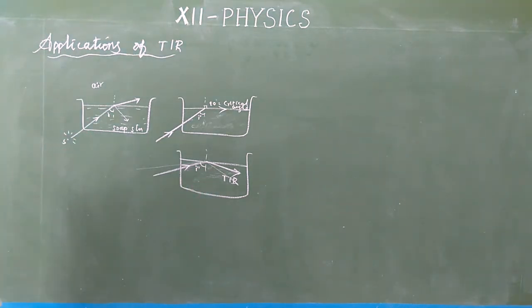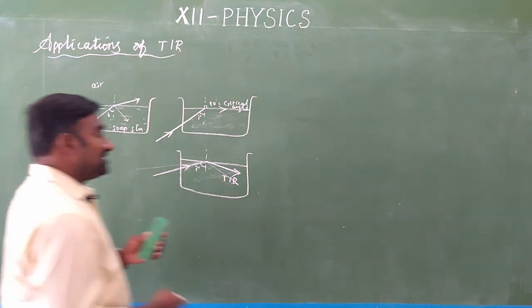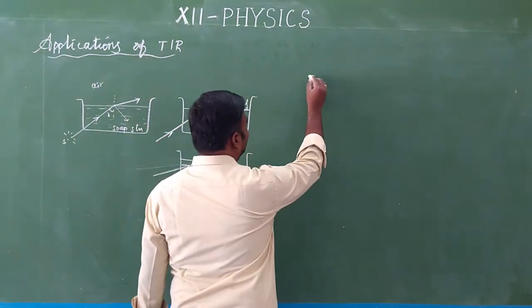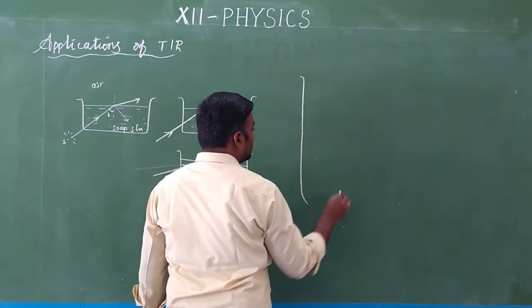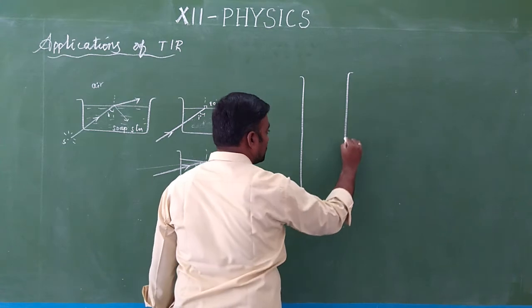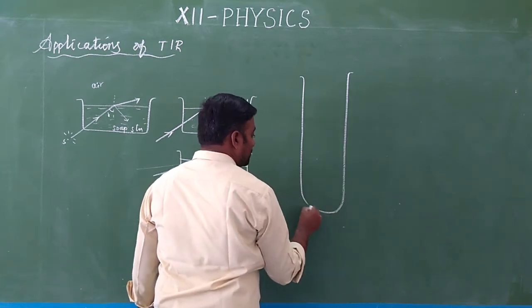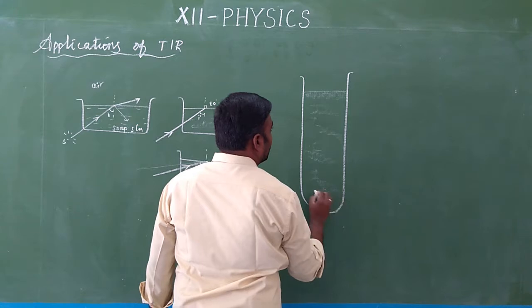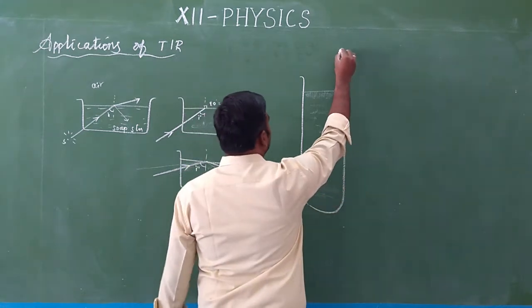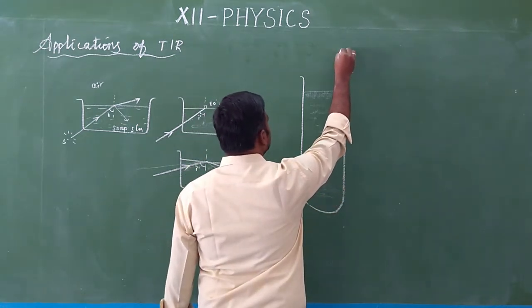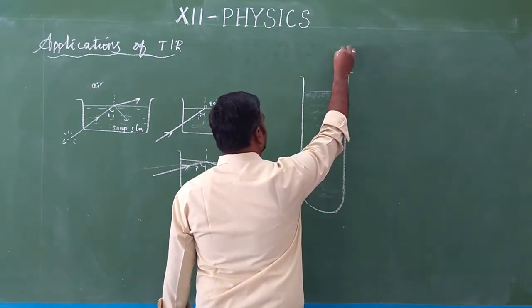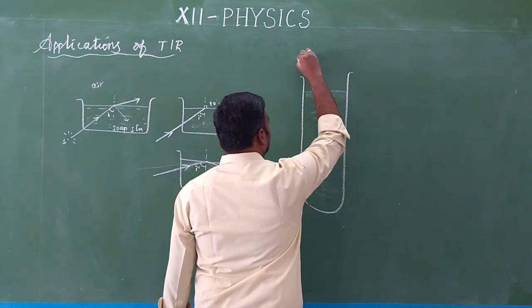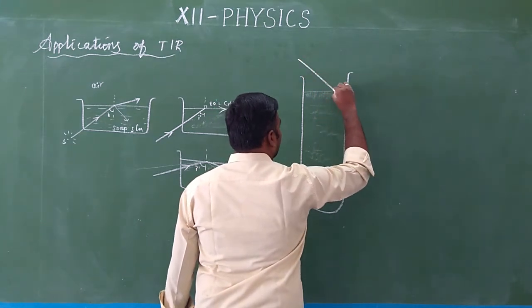It's a very simple activity that we can perform in our lab too. Then similarly, you take a long test tube, which contains a soap solution. The light is allowed to be incident on this. What happens?